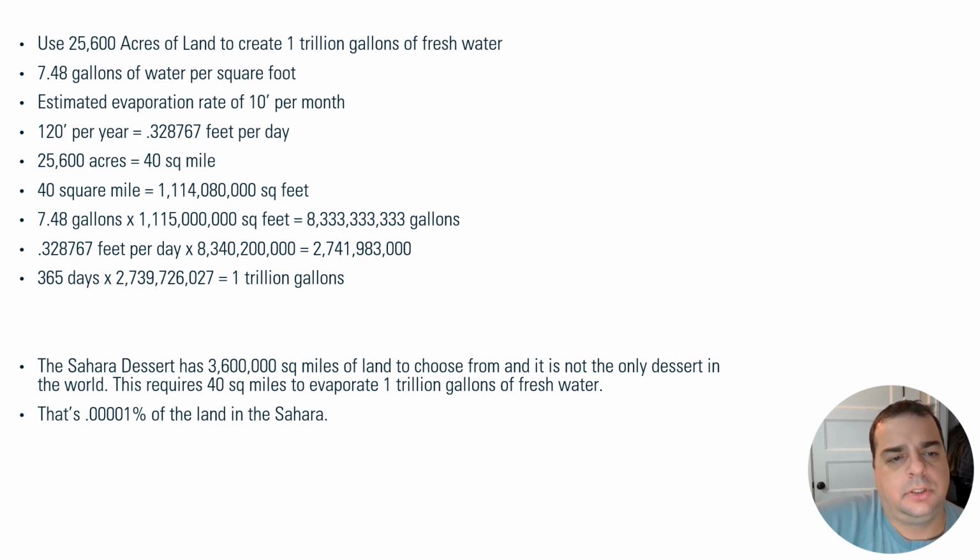Then you got your acres to miles converted here. So 40 square miles equals 1 billion square feet. And then you take your gallons times square feet. That's going to give you per foot. And then you're going to do your total days.